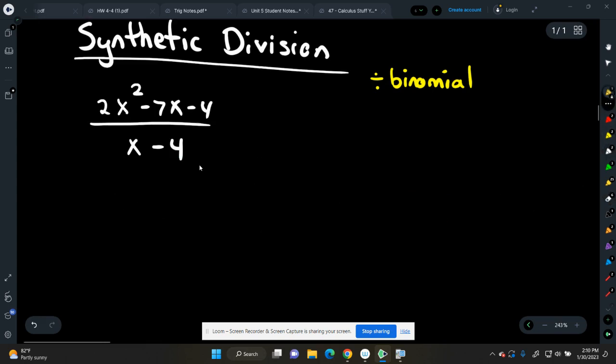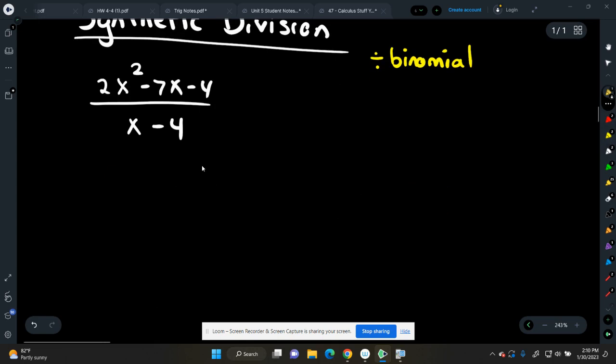Okay, so what we're going to do, whatever's in the denominator, we're going to take the opposite of that number. Now, what's the opposite of minus 4? Plus 4. So we're going to put 4 in the corner, and we're going to make a little corner for it.